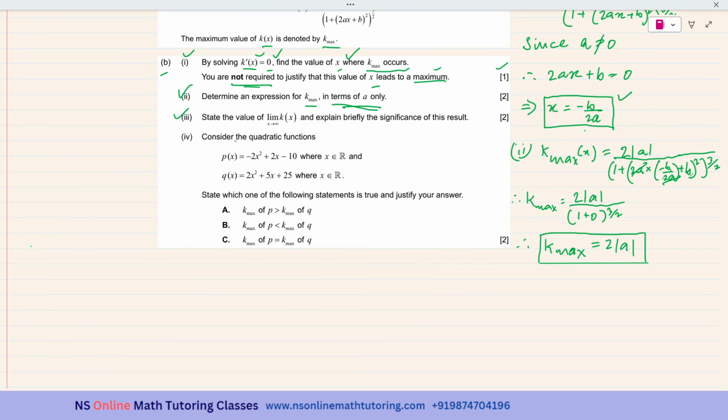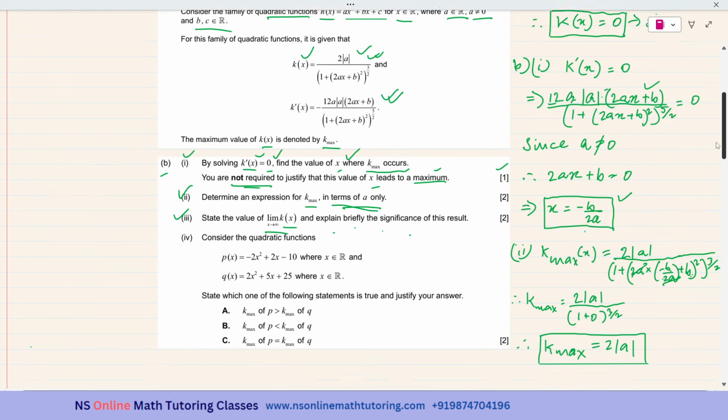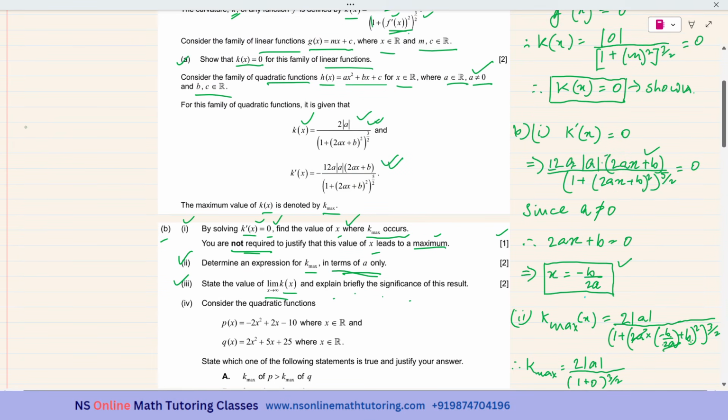Subpart I: state the value of the limit as x extends to infinity of k of x and explain briefly the significance of this result. So let me answer this question over here.